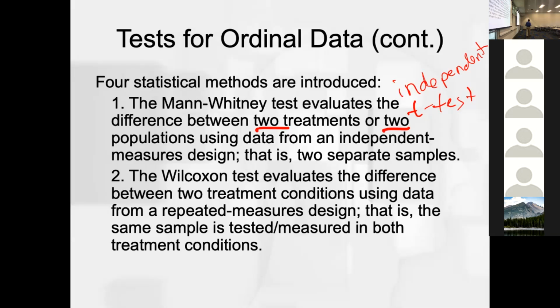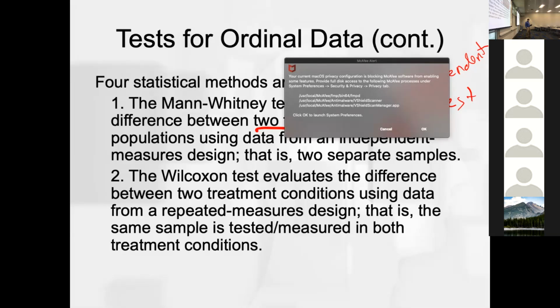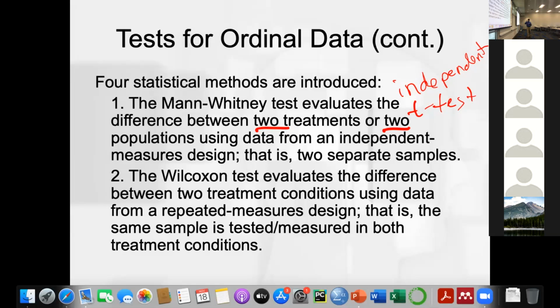Independent measures t-test, right? So if you would normally run an independent measures t-test and you violate the assumptions of skew or kurtosis, right? So the data is not normally distributed, you would run a Mann-Whitney test.